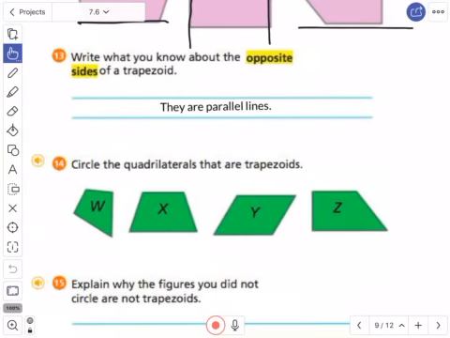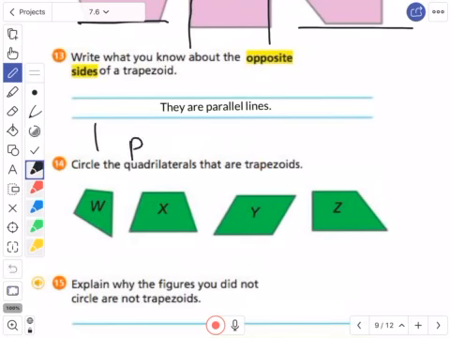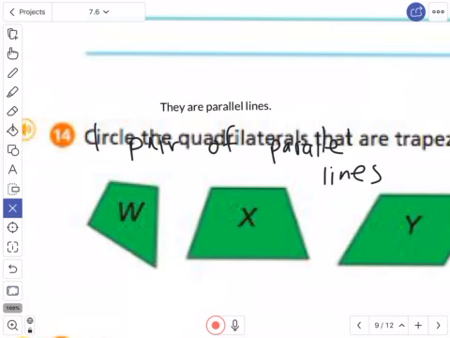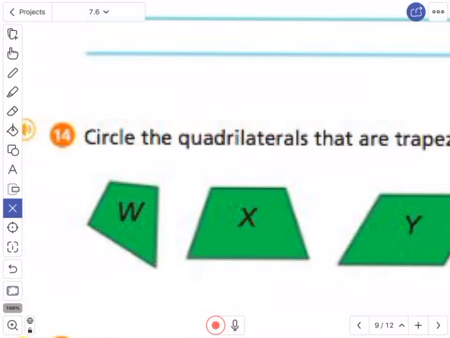And down below, reading these directions, circle the quadrilaterals that are trapezoids. One thing is, they have to have just one pair of parallel lines. And if they don't, that's not a trapezoid. So I'll just do an example here. If I look at W, let's see, I'm going to test it out.